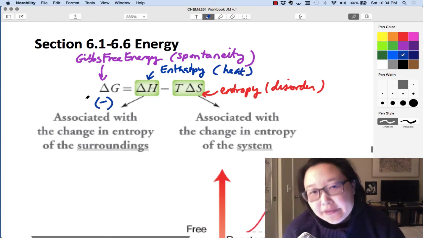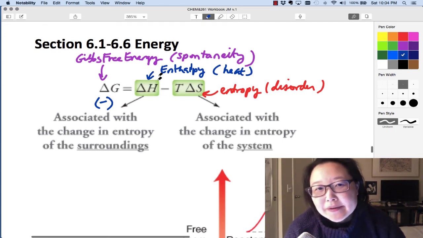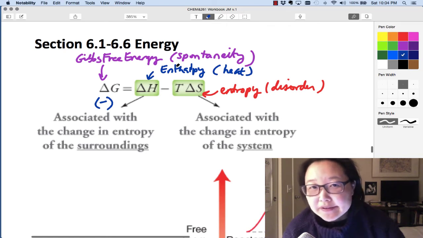Now, there are three factors which affect delta G. The first one is enthalpy. So enthalpy I think of simply as the heat of a reaction.